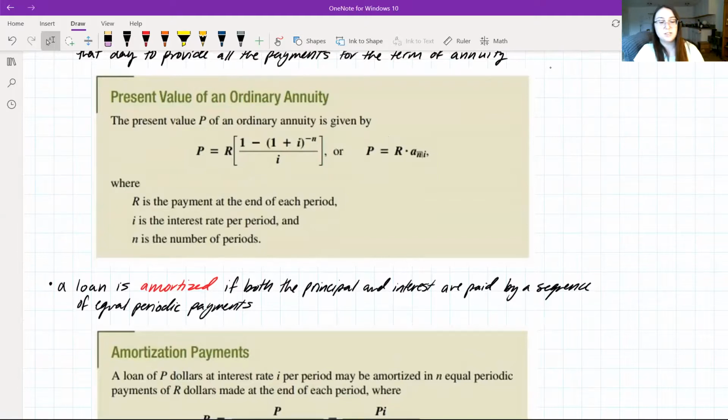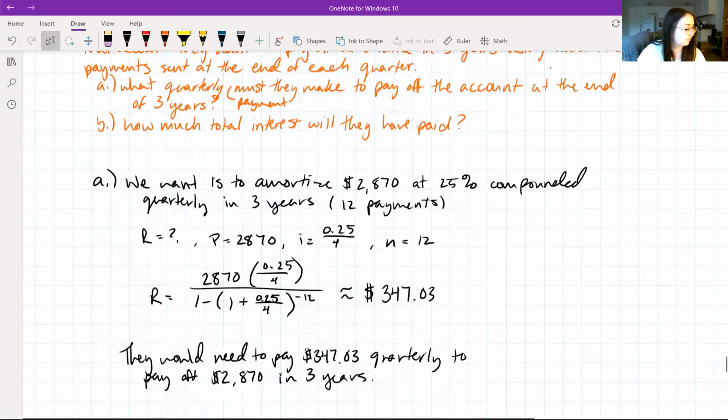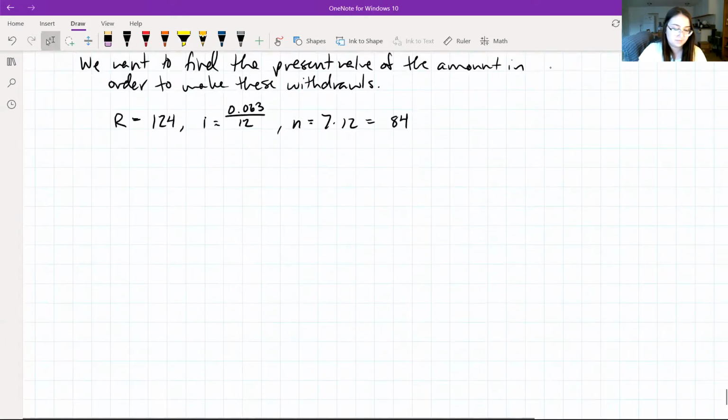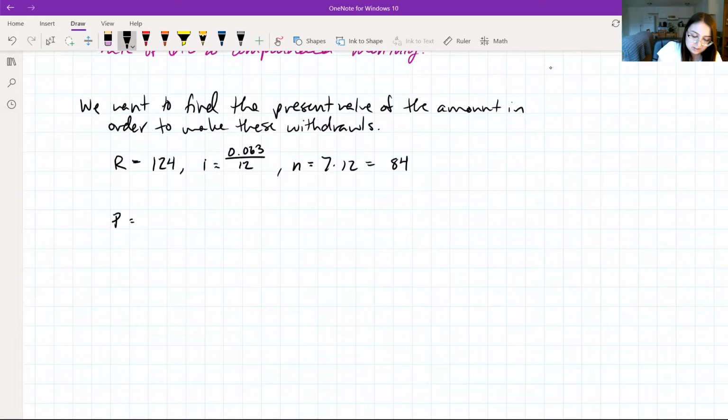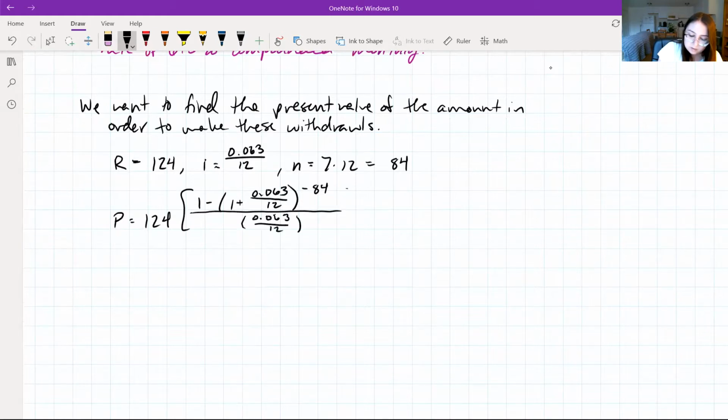P is equal to R times 1 minus 1 plus I to the negative power of N, all divided by I. So we have P is going to end up equal to 124 times 1 minus 1 plus 0.063 divided by 12 to the power of negative 84, all divided by 0.063, which is being divided by 12.